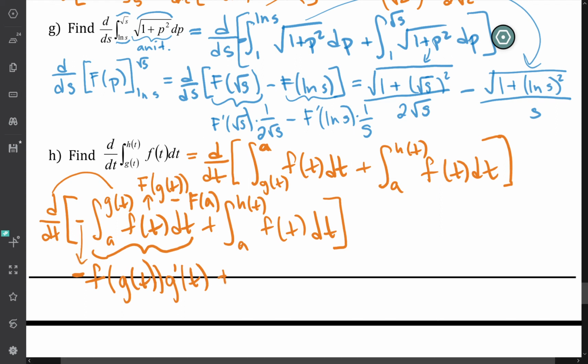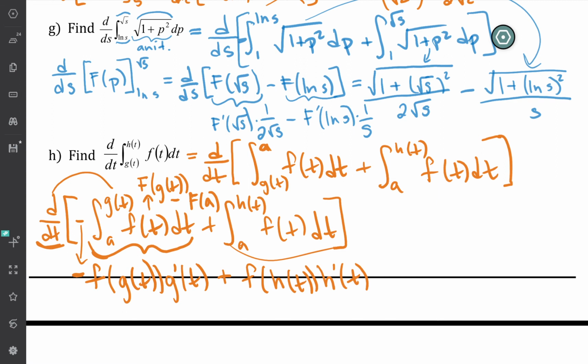For the second one, we should get something really similar. So we should get big F of t. When you take the derivative of an antiderivative, you get back where you started, only it's not t anymore. Getting ahead of myself. It's h of t. And then we'll have a chain rule because that's a function and not just our variable. And that looks like a great answer.